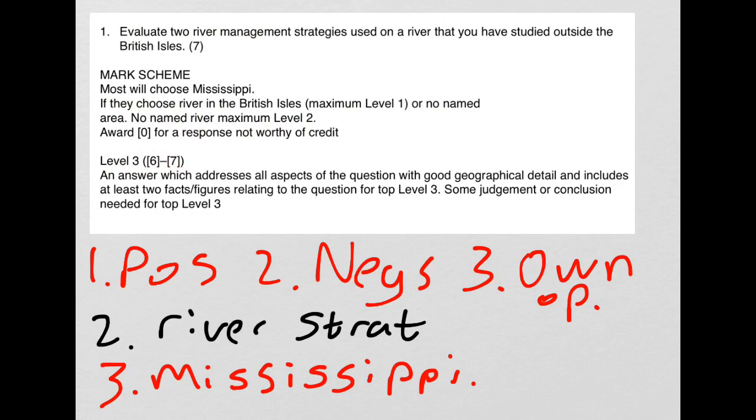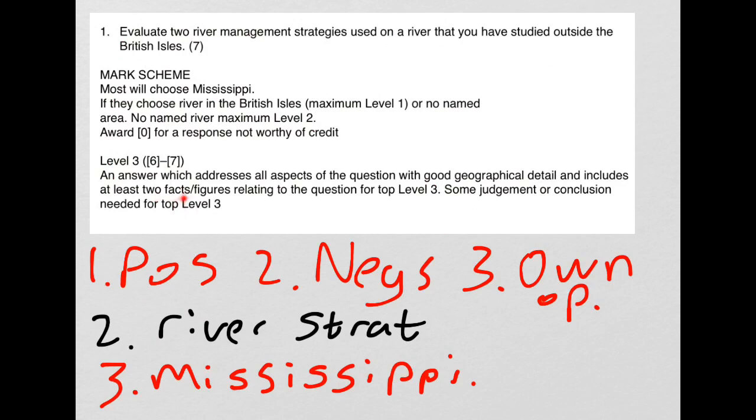Level 3, 6 to 7, the examiner tells us that he wants to see an answer which addresses all aspects of the question. That's really all the aspects I've pointed out to you down here. Good geographical details, so they're looking for fact, figure, place. They're looking for figures, for example, in terms of the height of the levees, the length of the river that was improved with the levees, facts about the dams, the Tennessee Valley, the Ohio River, and you make reference to place.